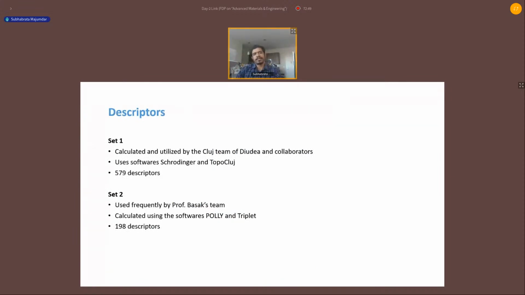The first set, as I mentioned, was computed by the, sorry, I think I said it the other way, the first set was computed by the Romanian group, and that had 579 descriptors, and the second had almost 200, by Professor Boschak's team. And notice one thing, that these descriptors are very specific to the software that is being used.